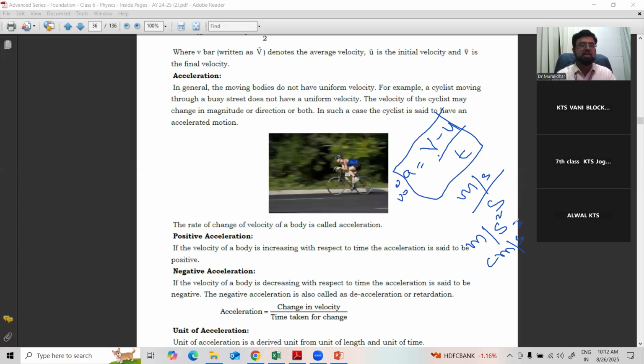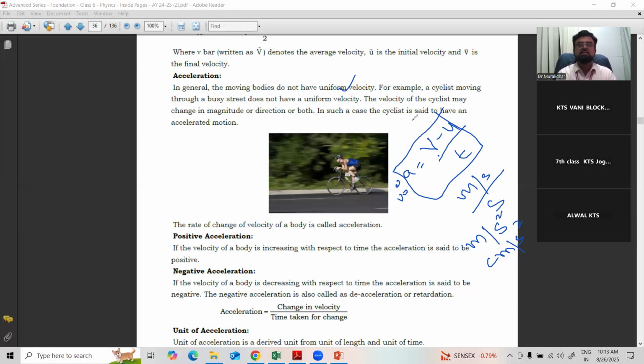In general, moving bodies do not have uniform velocity. For example, a cyclist moving through a busy street does not have uniform velocity. The velocity of the cyclist may change in magnitude or direction or in both.